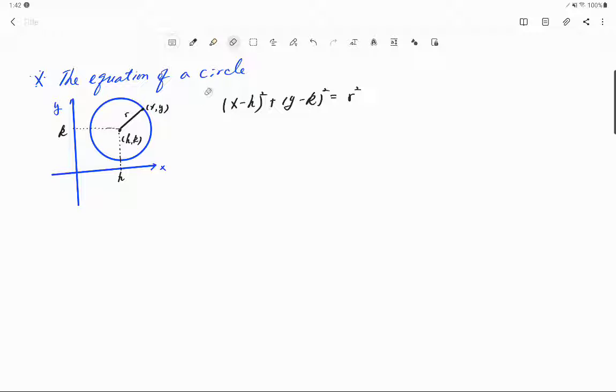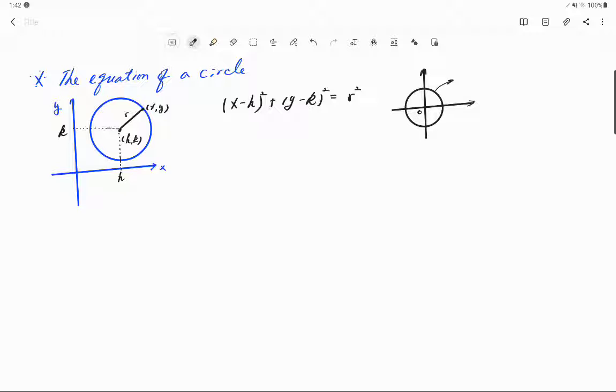Okay, let me rewrite it. Here is the x-axis, the y-axis, and here's a circle, and let's say the center is 0.